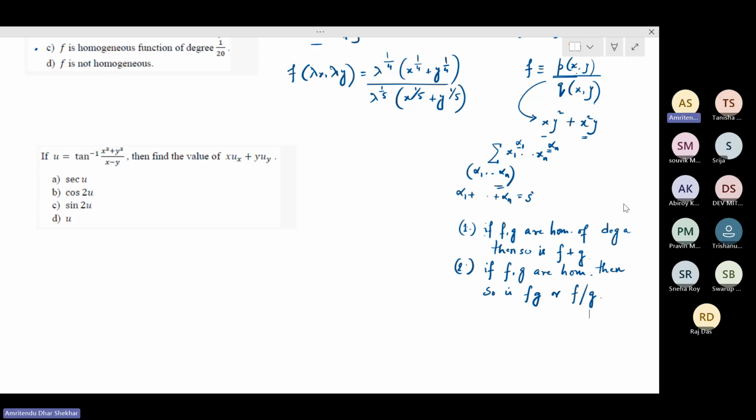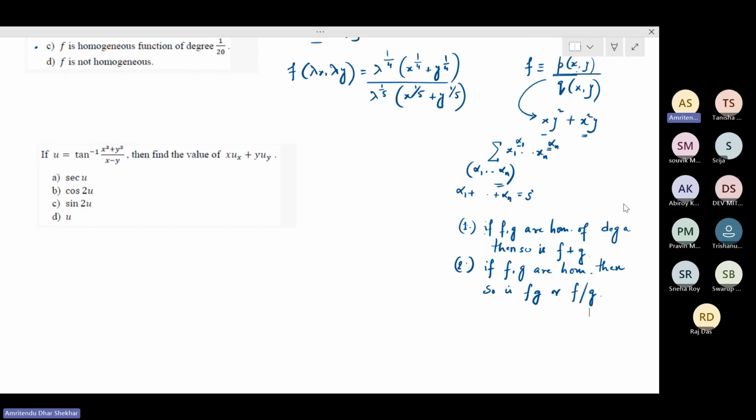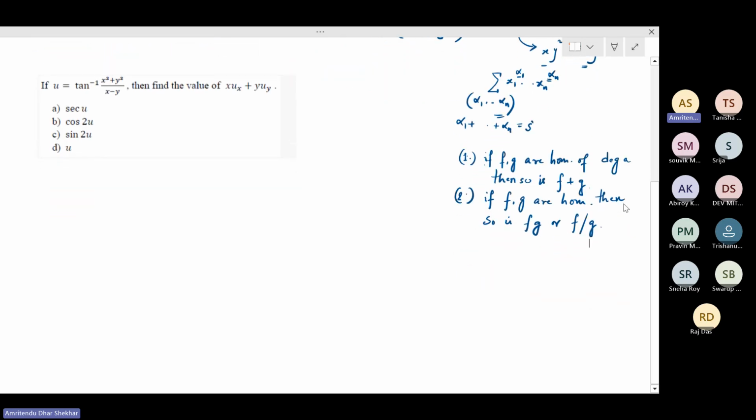Anything that preserves these scalars would also preserve homogeneity. So let's say you're doing integration. Maybe you know a little bit of integration. That would also preserve homogeneity in some sense. So let's say f and g are homogeneous functions, and I construct a bivariate function which looks like this.